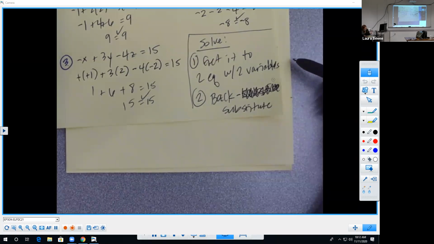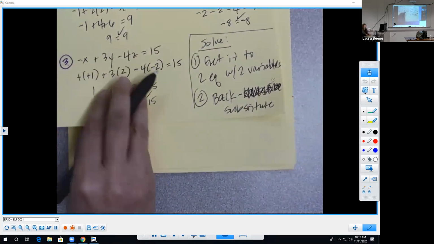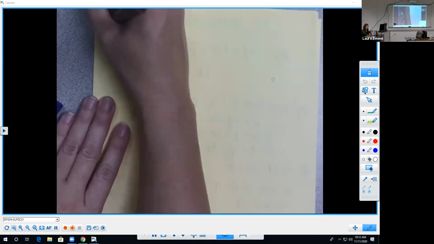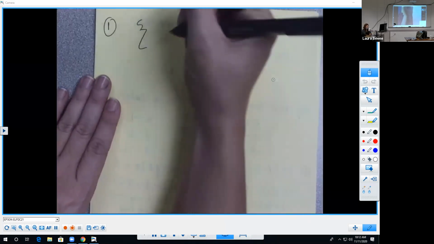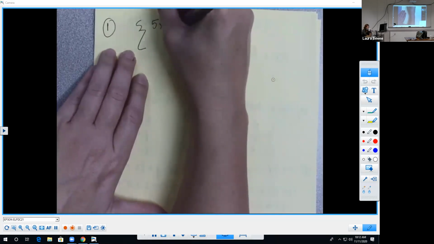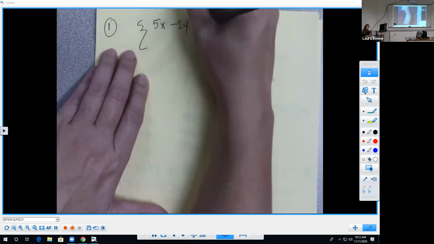Okay, so let's start off with the problem. As you're writing this down, be very careful you don't write it down incorrectly, because there's nothing worse than doing all this work and then getting the wrong answer because you wrote the problem down wrong.